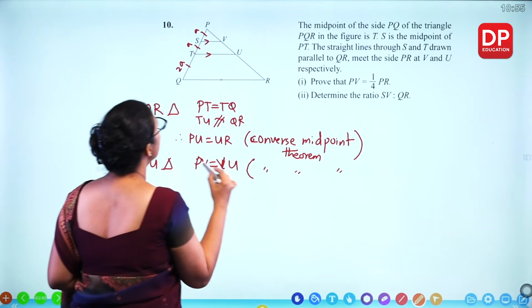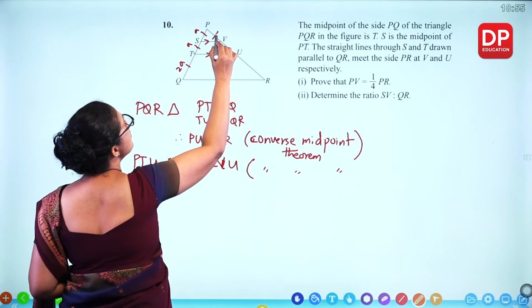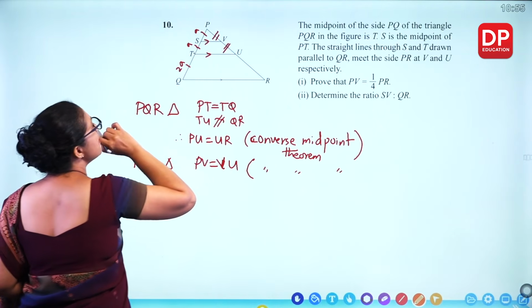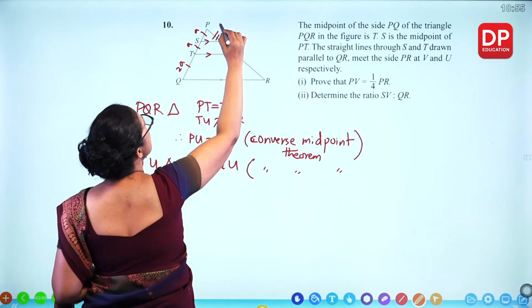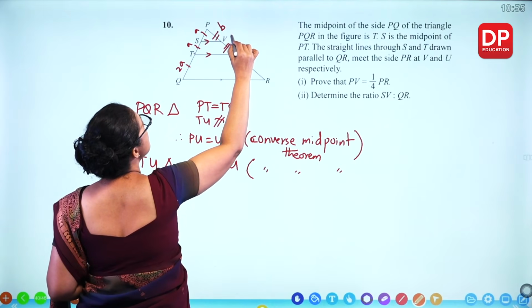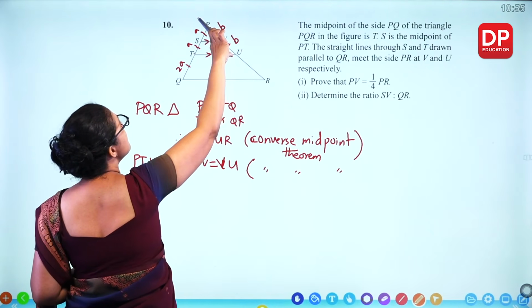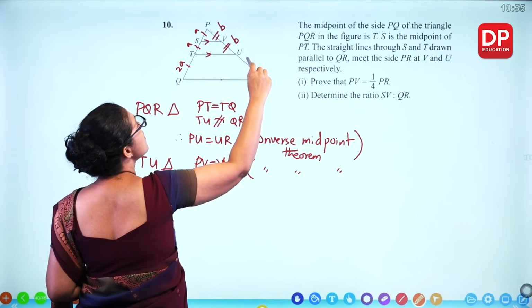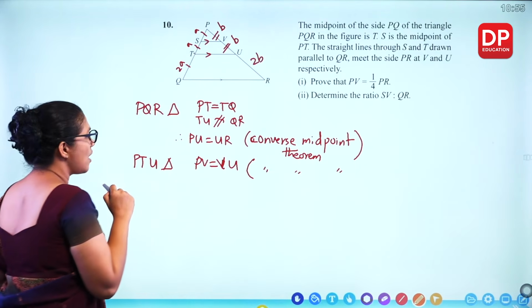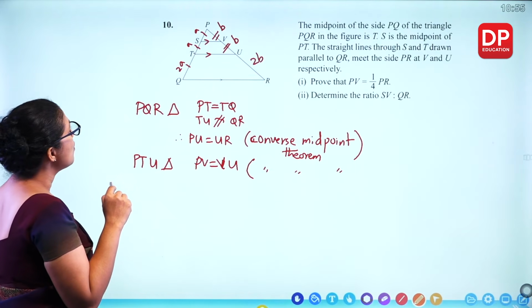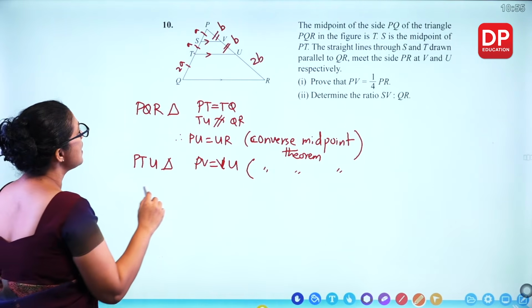By the converse theorem, this is equal to this one, and if this is B, this is B, and this is also equal to this one, this becomes 2B. Now we can find out PV.